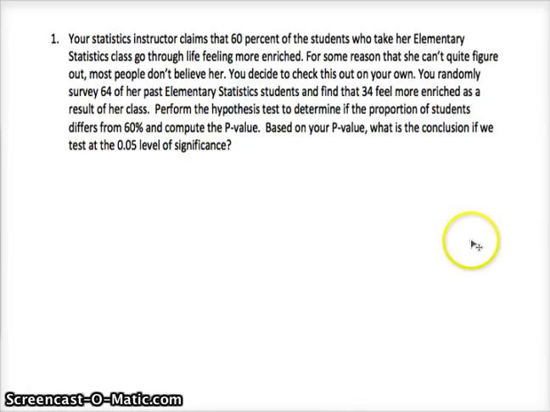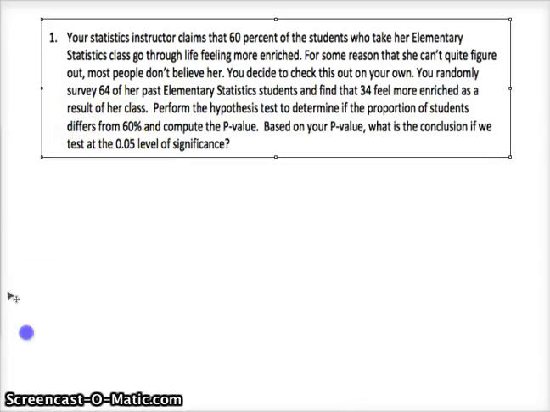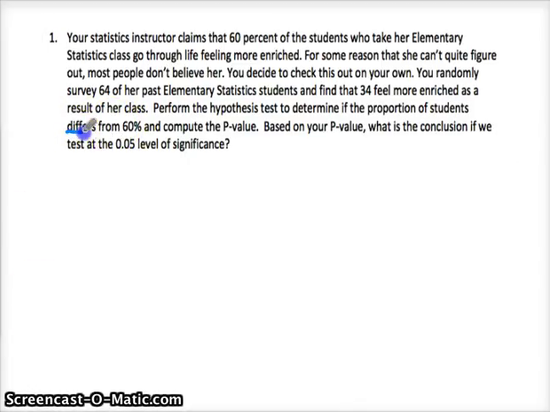You randomly survey 64 of her past elementary statistics students and find that 34 feel, that is, they continue to feel, more enriched as a result of her class. Perform the hypothesis test to determine if the proportion of students differs, that's key right there, from 60% and compute the p-value.